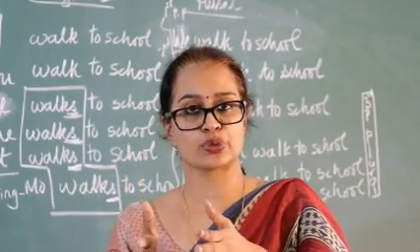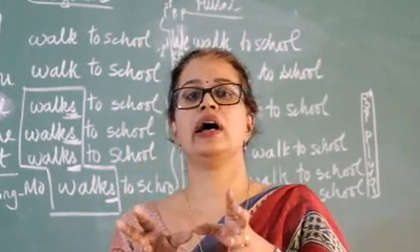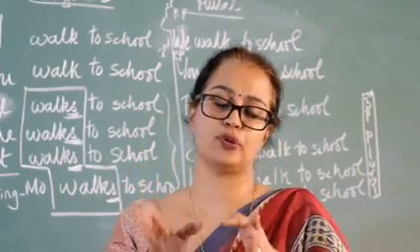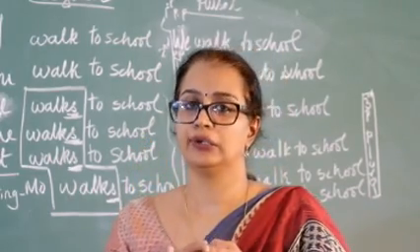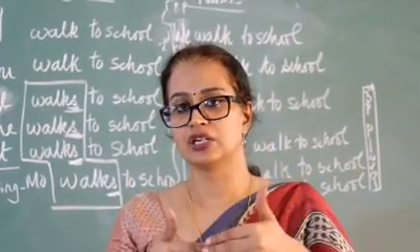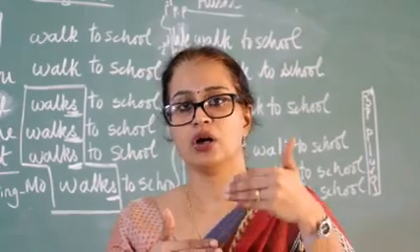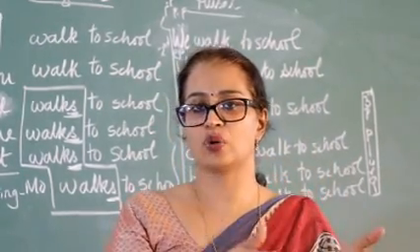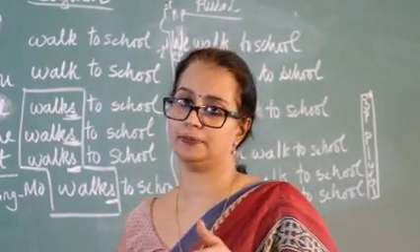Now what should you do to make the verbs singular and plural? The verbs should also follow the singular plural rule, but it is just the opposite of the rule for nouns. That means what you did to the nouns, you should do the opposite to the verbs.